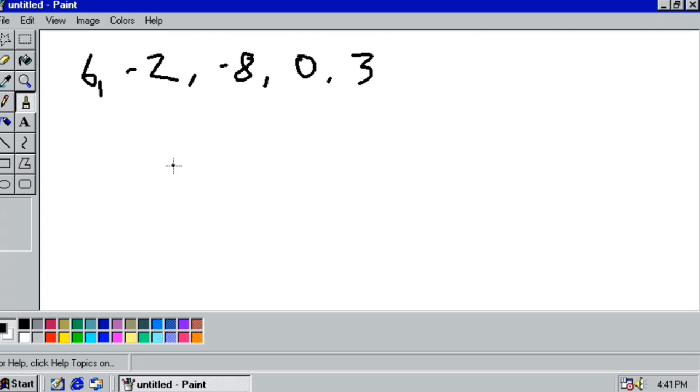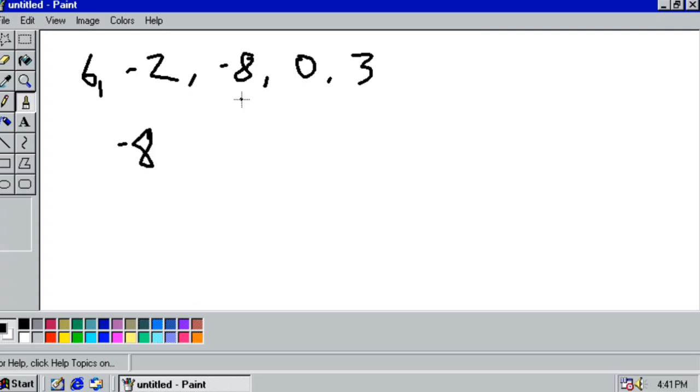Numbers arranged in ascending order begin with the least in value and end with the highest in value. So our least numbers here are from the negatives. Our least here is -8.